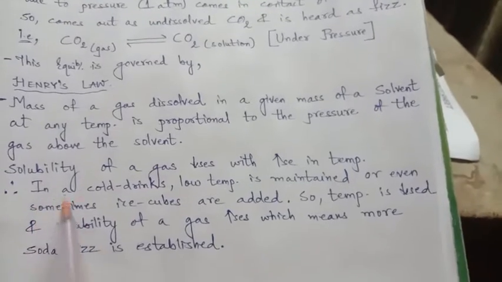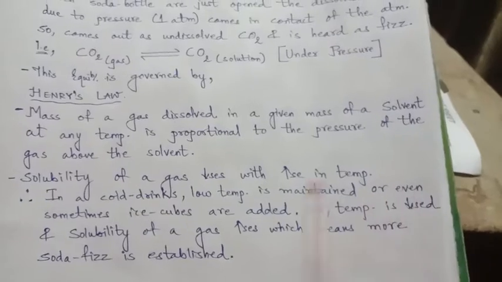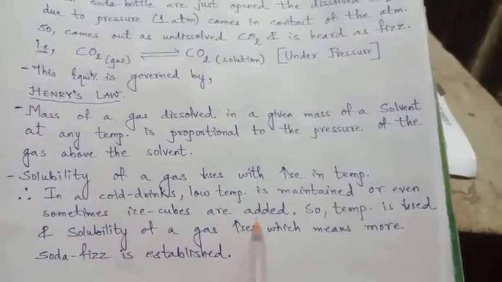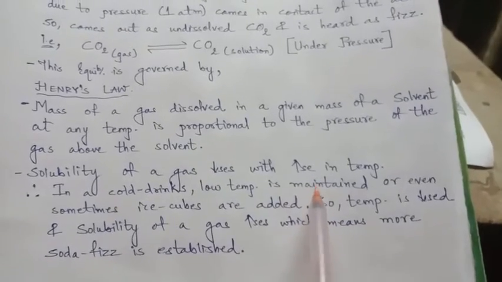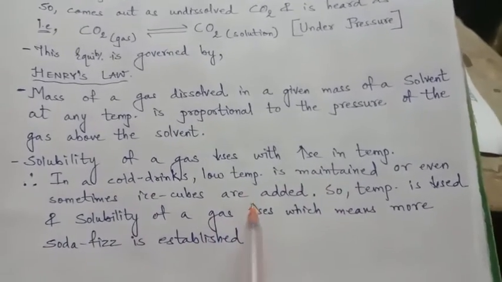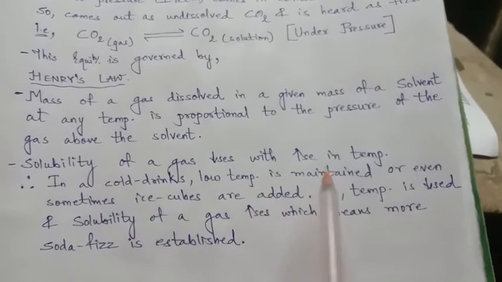And therefore in cold drinks a low temperature is maintained, or even sometimes ice cubes are added. If a low temperature is not possible to maintain, then ice cubes are added in glasses of cold drinks so that the low temperature can be maintained.